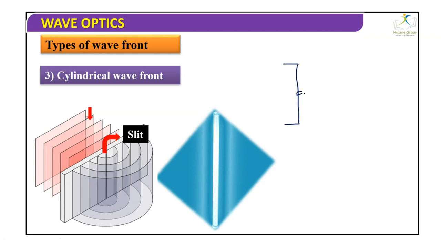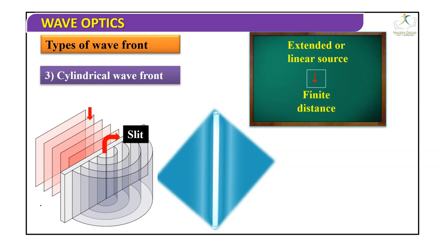If the light passes through this section, there will be some kind of disturbance, and the wavefront which is formed is cylindrical in form. As you can see there, students, there are slits. So an extended or linear source at a finite distance produces a cylindrical wavefront.